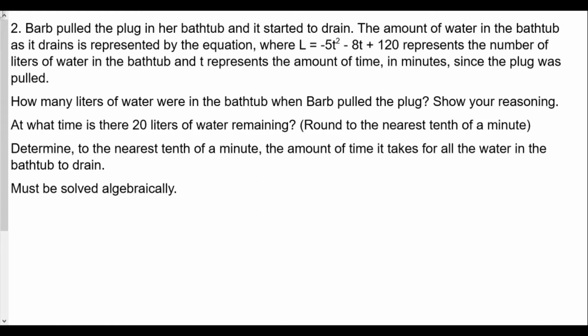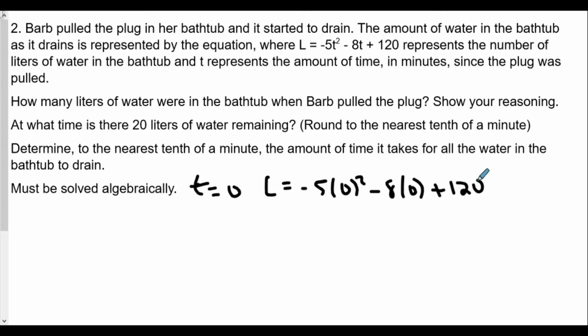So the first part, when she pulls the plug, t is equal to 0. That's the very first thing here. And if t equals 0, then we find L is equal to negative 5 times 0 squared minus 8 times 0 plus 120.